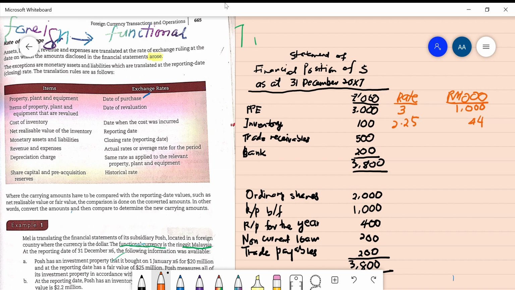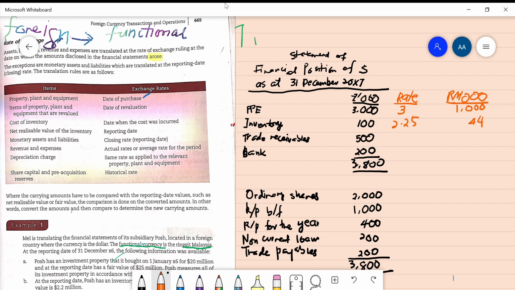And then we have trade receivable. Trade receivable is monetary. If you look here, monetary is valued at the closing rate. So that is the rate on the 31st December X7, which is 2.